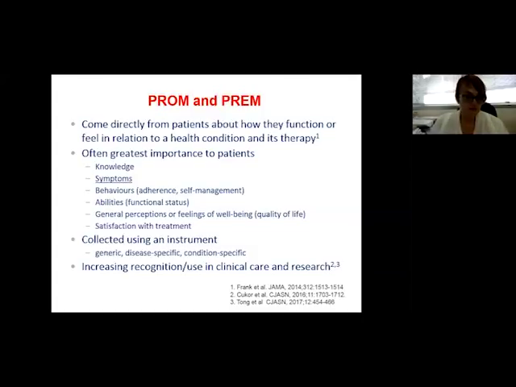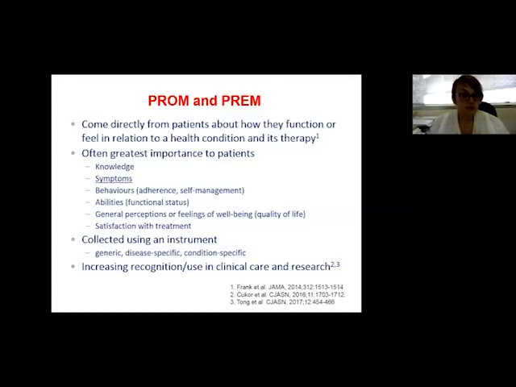Hospitals or clinics give a survey to ask patients about their satisfaction with treatment. So it's linked to the Australian Council of Health Standards. It's an important measure of the quality of the healthcare system. So PROMs and PREMs come directly from the patients about how they function or feel in relation to a health condition and its treatment, its therapy.